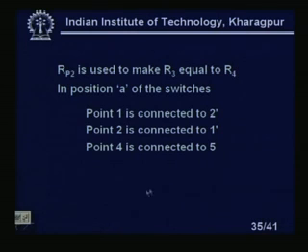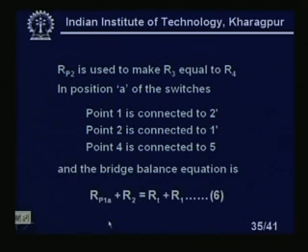My bridge balance equation will be like this. RP1A, that means at switch position A the value of RP1, I am giving the name RP1A.